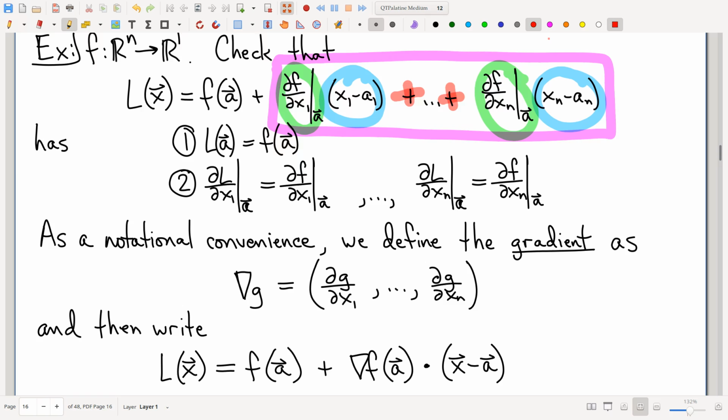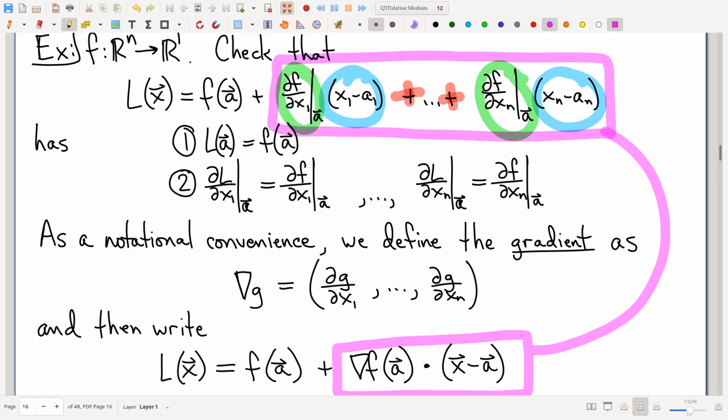Now, in order to be able to rewrite this as I claim, I have to notice, first of all, that what I have in blue here, these blue factors, those are literally the coordinates of the vector x minus a. So I can see that x minus a is one of the vectors in this dot product. These other factors here, the various different partials, that's not something that we really recognize.